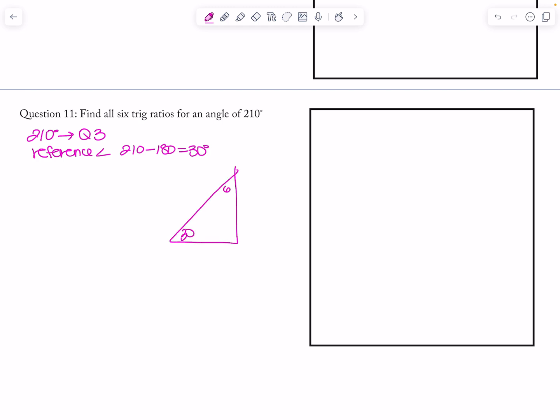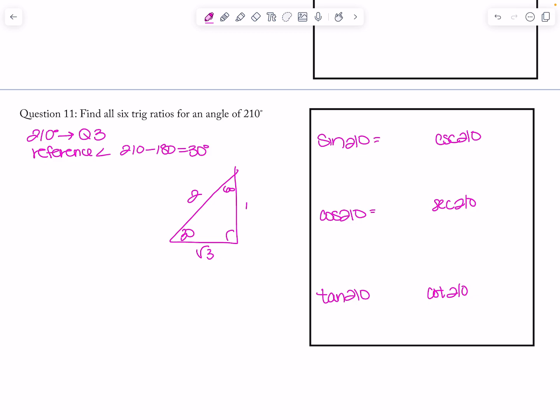My triangle says root 3, 1, and 2. Okay, so now I want to find sine of 210, cosine of 210, tangent of 210, and then I want to find cosecant of 210, secant of 210, and then cotangent of 210.